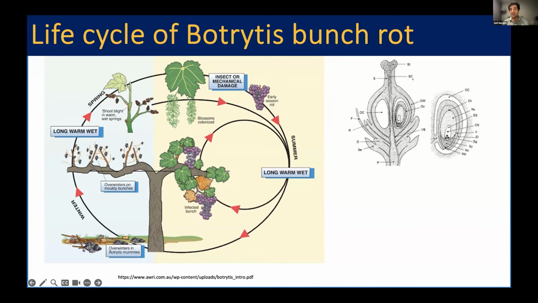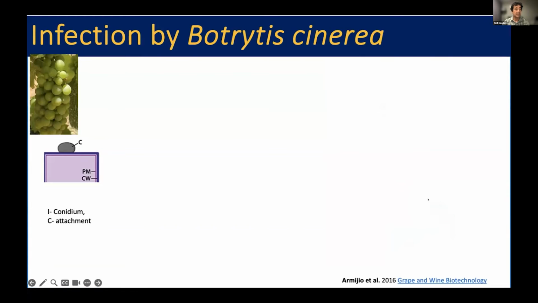Here's how the pollen tubes get infected. It's because the spores are very small, like a pollen, and they can just stay there and wait. Drosophila is one of the major insects that can help move those fungal spores around in the vineyard.